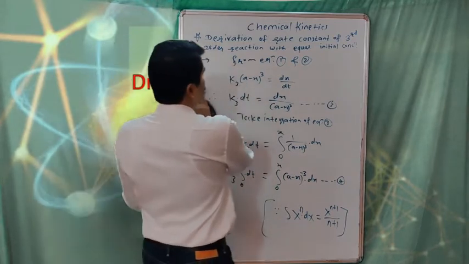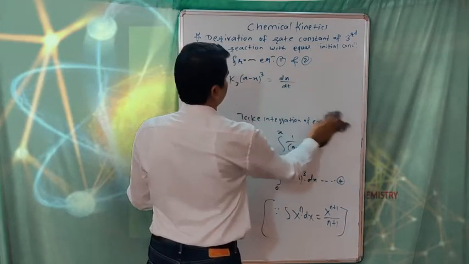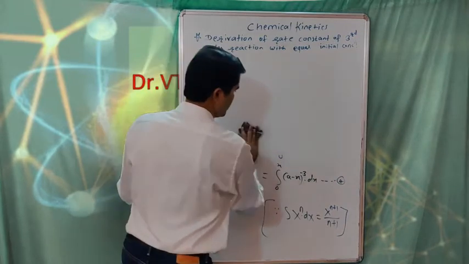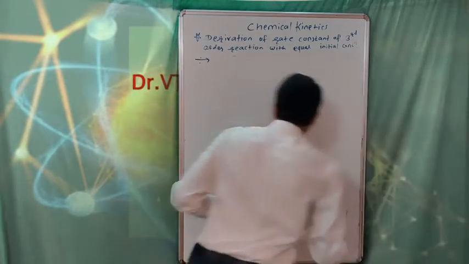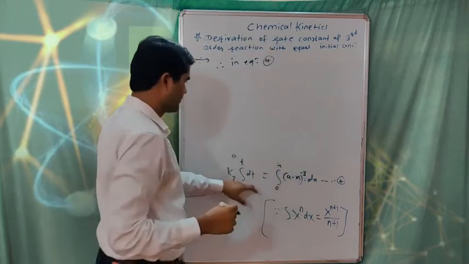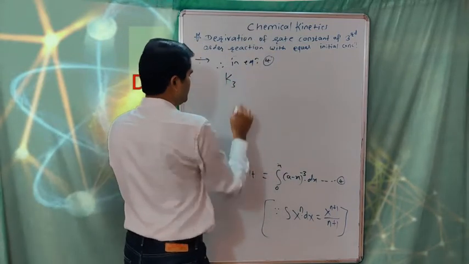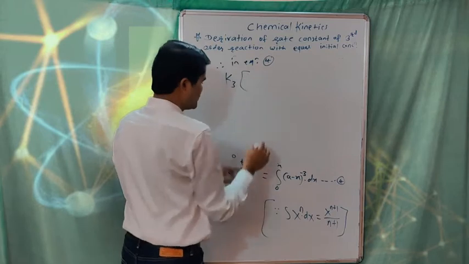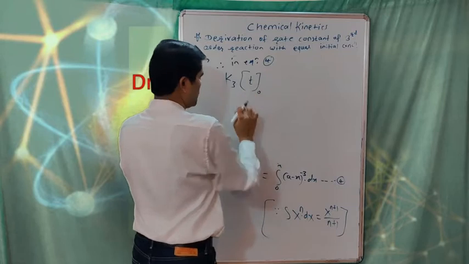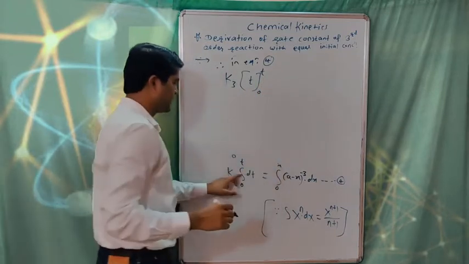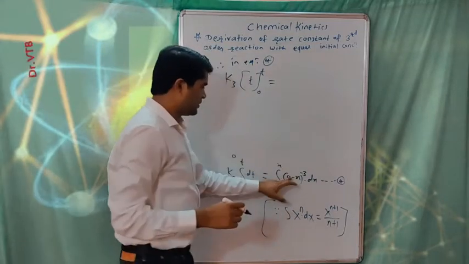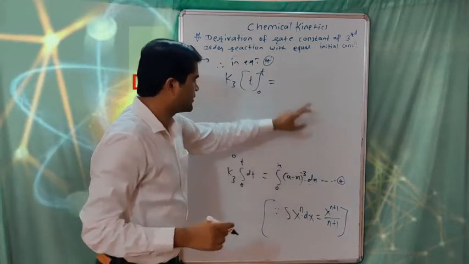Therefore in equation 4, k3 into integration of dt is t, with lower limit 0, upper limit t. Integration of the derivative cancels, only t will be left. Then integration of (a minus x) raised to minus 3.